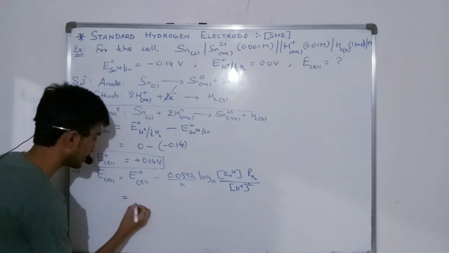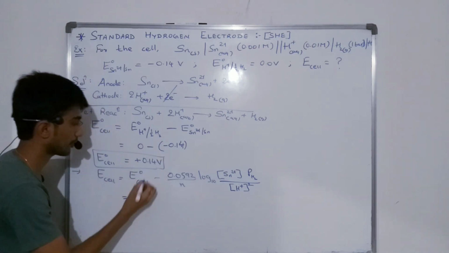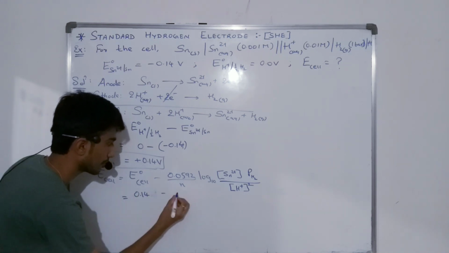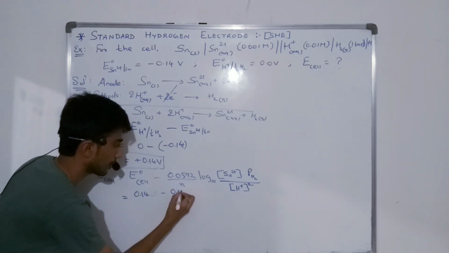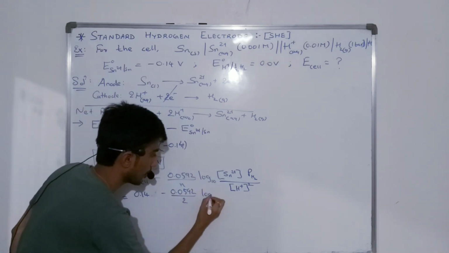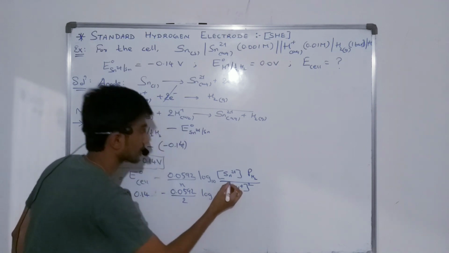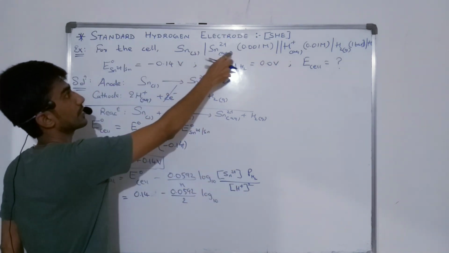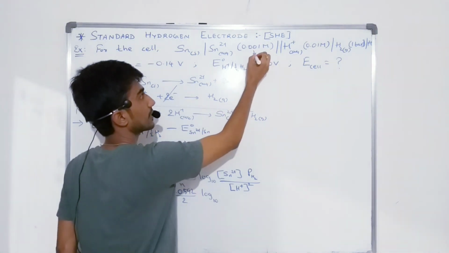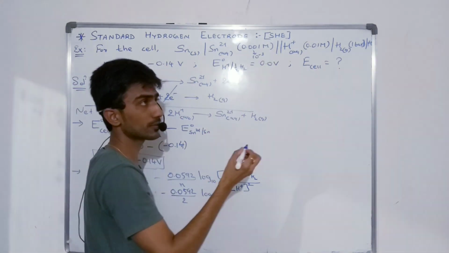Substituting all the values, E naught cell we have found out 0.14 volt minus 0.0592 upon 2 log base 10, concentration of Sn2 positive, it is 0.001. Can we write it as 10 raised to minus 3 molar?